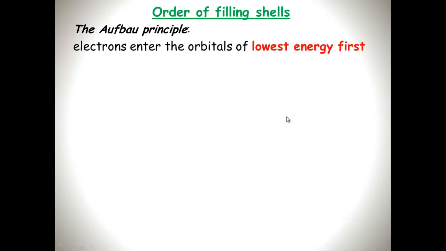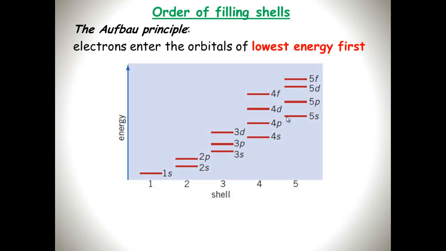There is an order in which these shells are filled, and this is the Aufbau principle, which allows electrons to enter orbitals of the lowest energy first. This is a diagram showing the energy of the different subshells. We have lowest energy on the bottom, highest energy on the top.